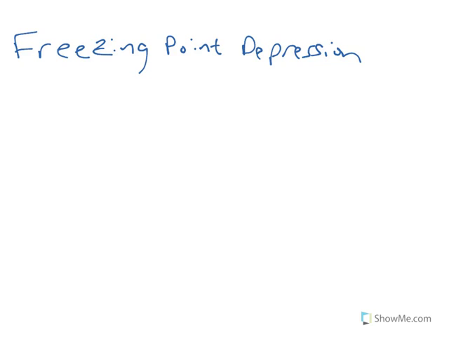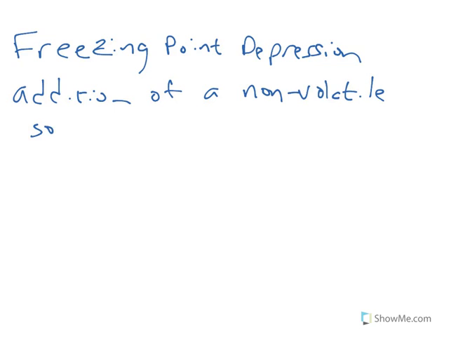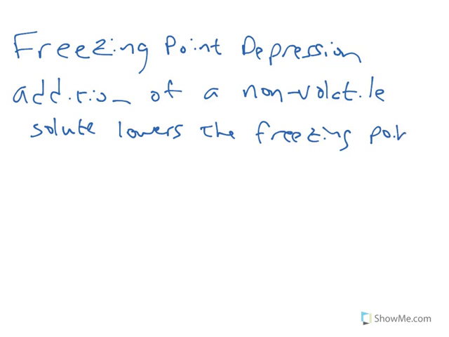When we add a solute to a solvent, we actually lower the freezing point of that pure liquid. So addition of a non-volatile solute lowers the freezing point of a pure liquid.